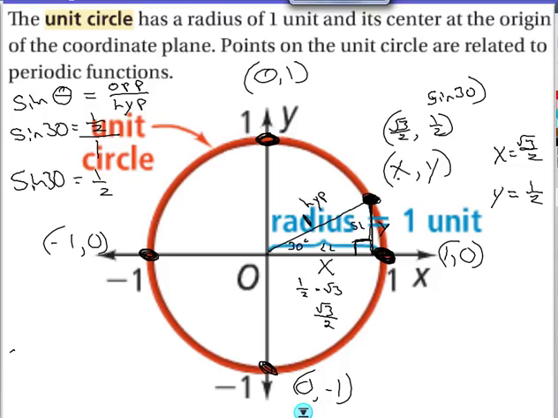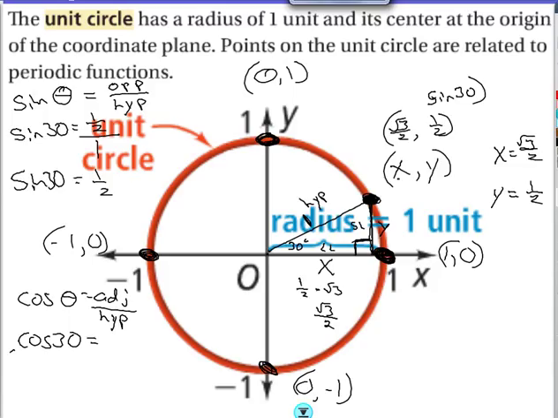If I do cosine of 30, cosine of an angle, what's the pattern for cosine of an angle? Adjacent over hypotenuse. In this particular problem, whenever I have an angle to plug in, the cosine of 30, what is adjacent to the 30? The x. What did we say x was equal to in this problem?